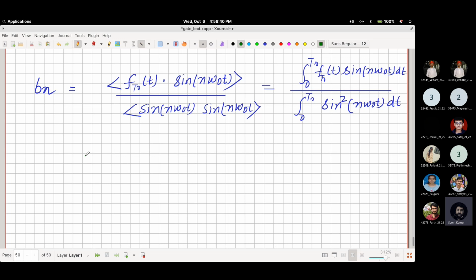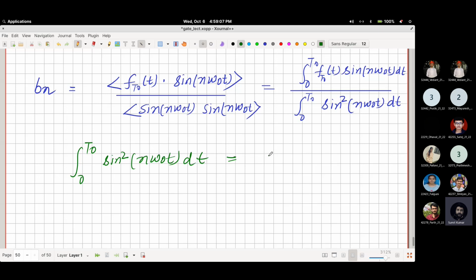Is that clear? So let me just find out this denominator value. What this is going to be: integral from 0 to t naught of sin square n omega naught t dt. And if I do this, we already know that this is basically 1 minus cos 2n omega naught t. Cos 2x equals what? 1 minus 2 sin square.